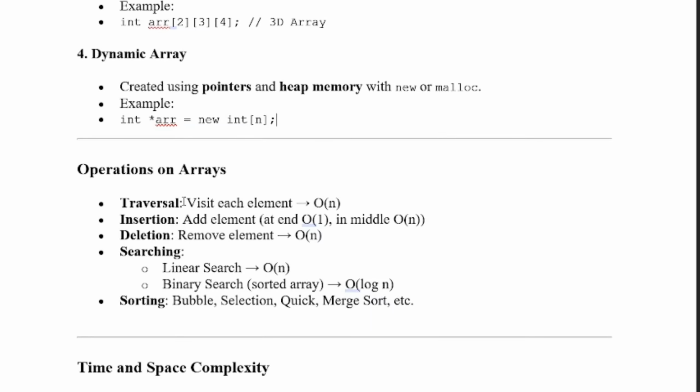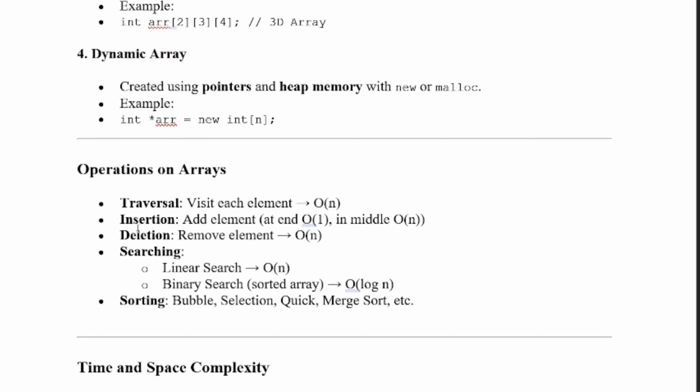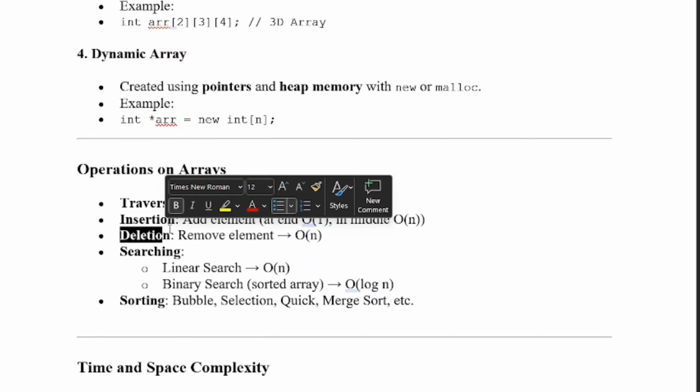And now coming to the operations on array. First operation is traversal. Traversal means visiting each element, and it takes Big O of n time. Second is insertion, which adds an element. Third is deletion, which removes an element. And searching means we are searching for an element in the array.